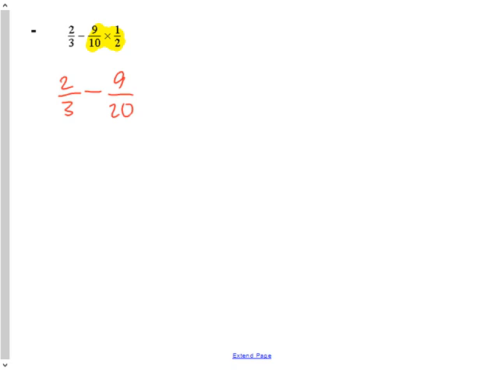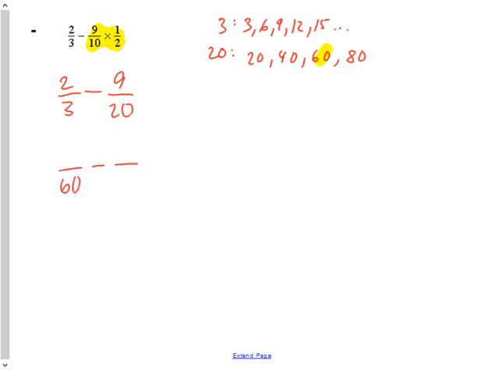And some people said to me during the test, I don't know what the common denominator is. But if you were to put 3 and 20 down and put all of the multiples of 3 and all the multiples of 20, the first one they're going to share, if you think about it logically, is 60. So therefore, your common denominator will be 60.